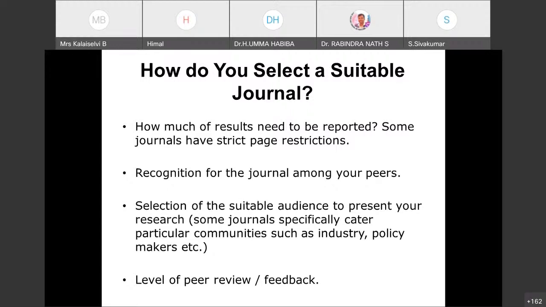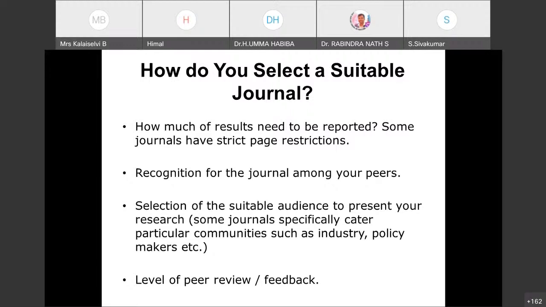And also the selection of a suitable audience, right? So that's also very important because some of the research findings might be very important to academia, and some of the research findings may be suitable, let's say, for industry and so on. So selection of a suitable audience is also another important thing that you need to consider.